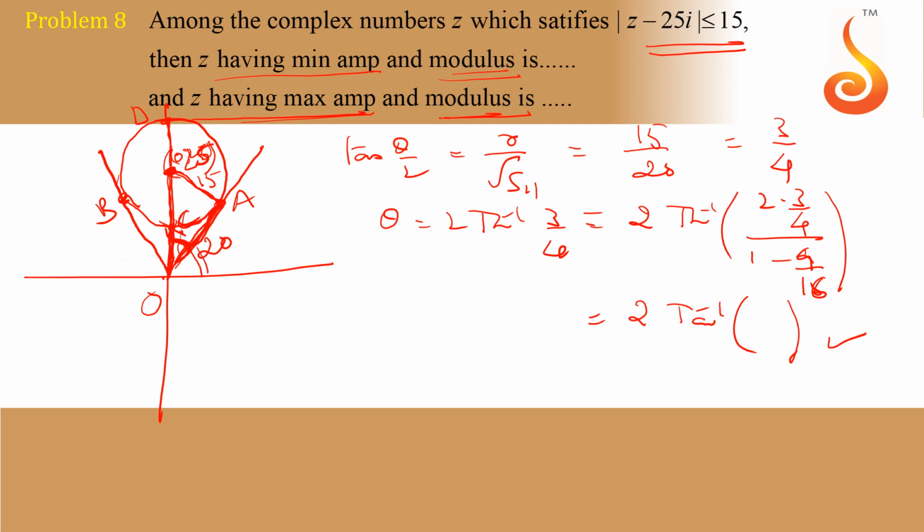Then this will be 90 minus. So I can say this is the amplitude of A, and 20 is this modulus. Suppose it is theta by 2, then pi by 2 minus theta by 2. So can I use 20 cis pi by 2 minus theta by 2 will give you the complex number A with minimum amp.